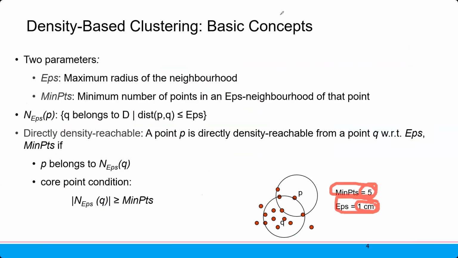Let's say this is Q, and I make the radius 1 centimeter. Inside this 1 centimeter, I need at least 5 points.